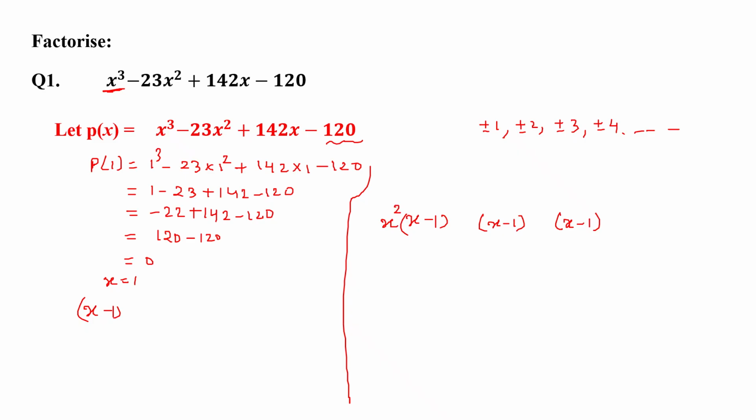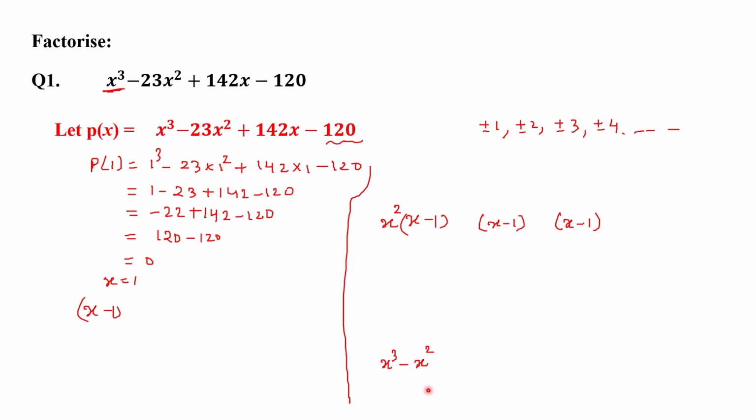Now you have to do some rough work here at the bottom. So x square into x will become x cube, and when you multiply x square with 1 you will get minus x square, isn't it? So write it here: x cube minus x square. For x cube the numerical coefficient is 1, which is here also 1.